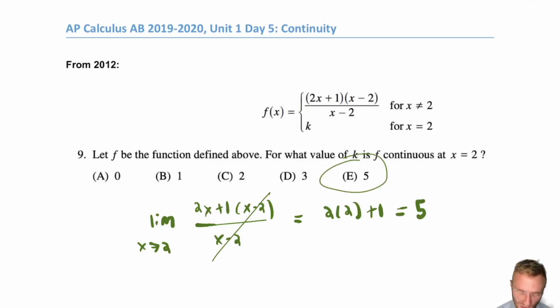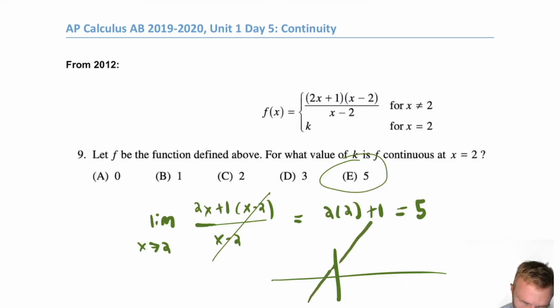You can imagine the rest of the function is the line 2x plus 1, and there's an open hole at 2, and you need to fill it in with 5 to make this function continuous. 5 is the only number that would make it continuous. Otherwise, if k was up here or down there, we'd have a point discontinuity.